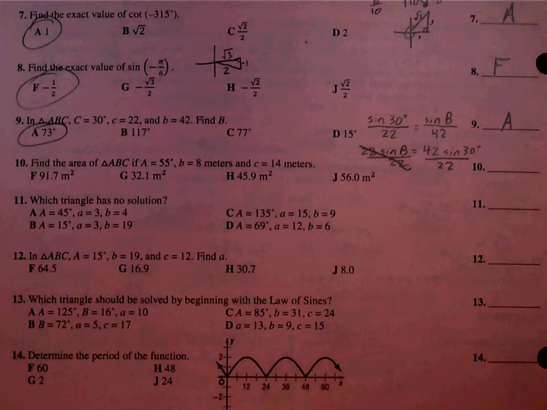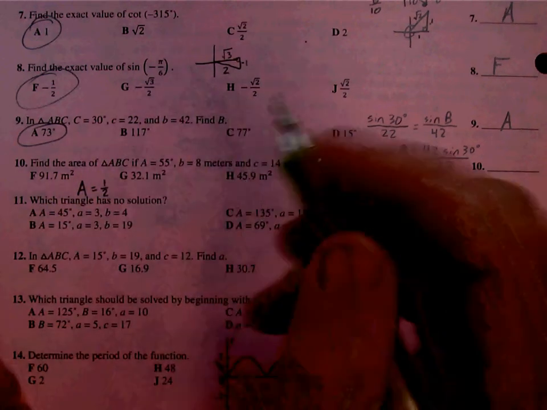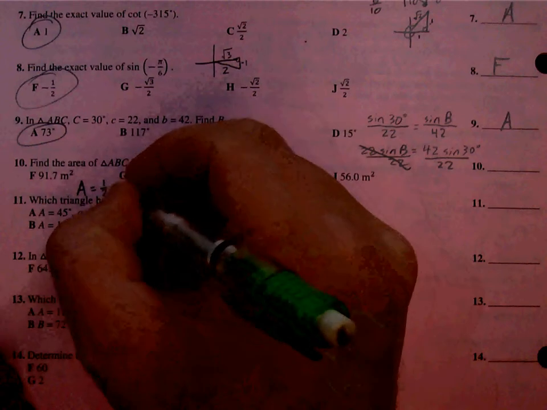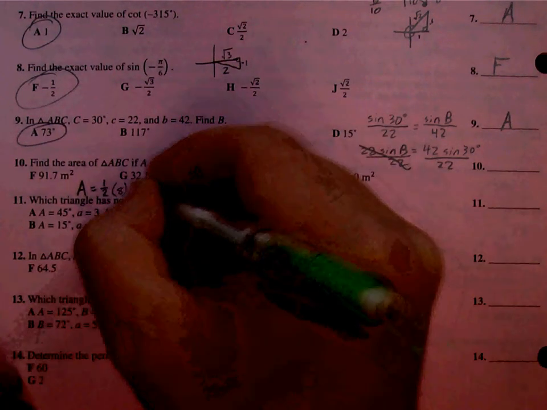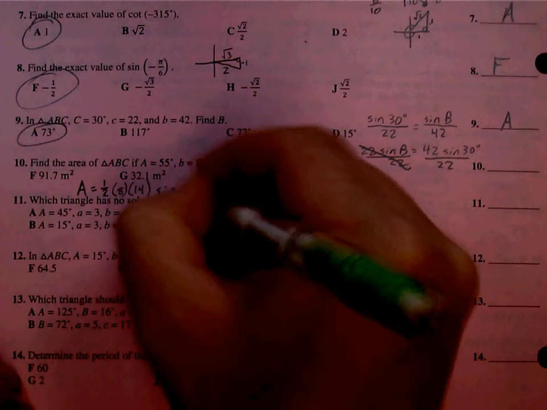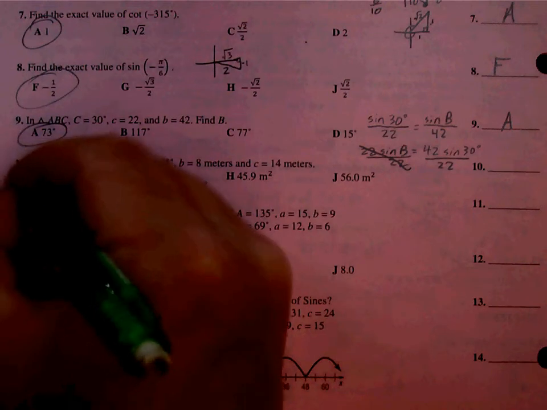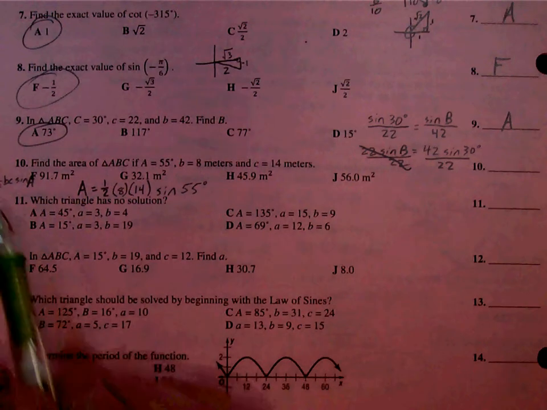Okay, number 10. Find the area of the triangle. So we need our area formula. Area formula is 1/2, and let's see which sides do we have. We have side B and C. So 1/2 times side B times side C times sine of angle A. 1/2 B, C, sine A. That's the formula we're using right now.